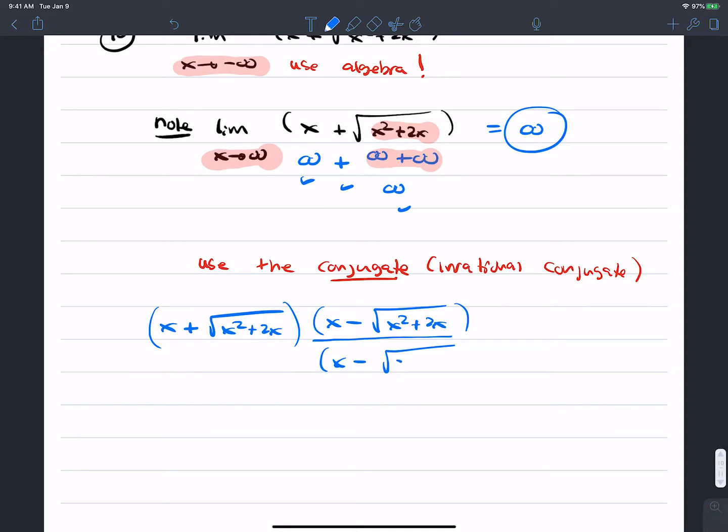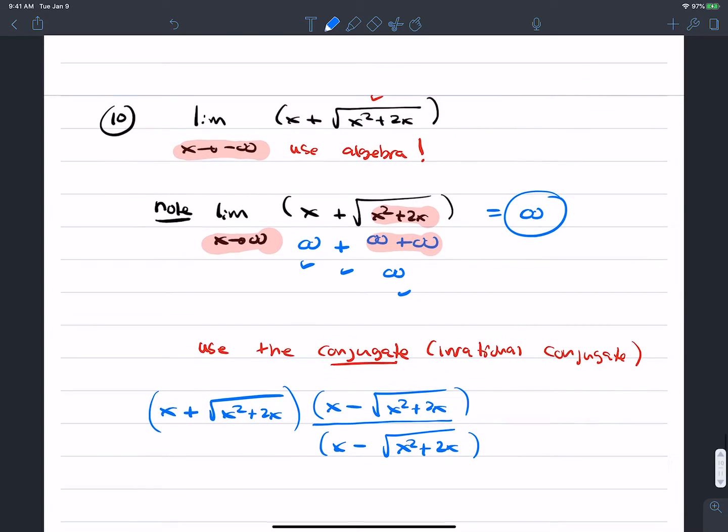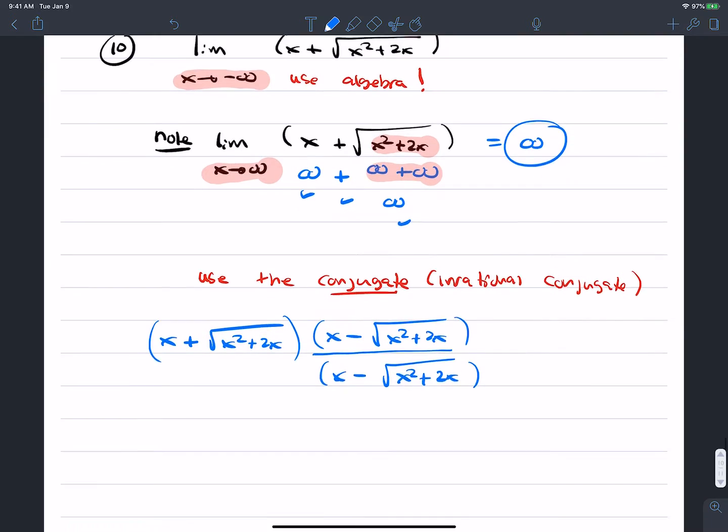You're going to do this whenever you have an indeterminate form that involves that sum or difference where you have a radical here. See this? And those pop up every now and then. Your book has a good example, but I don't want to do the example from the book.